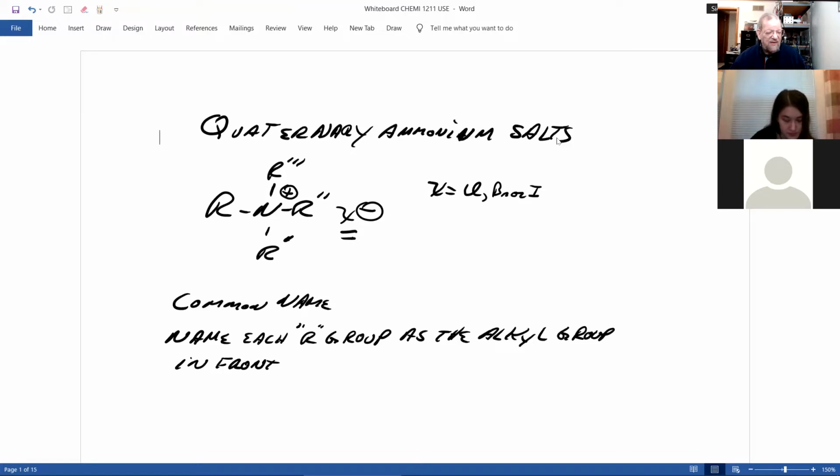All right. For a quaternary ammonium salt, name each R group as the alkyl group it is, and you put that in the front.